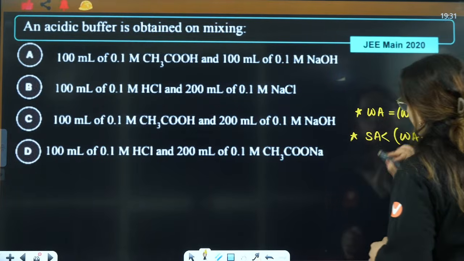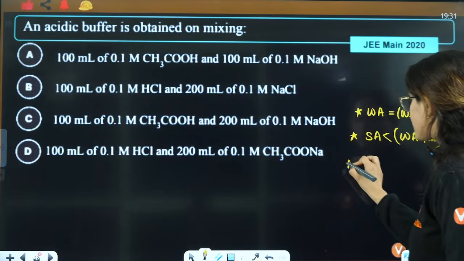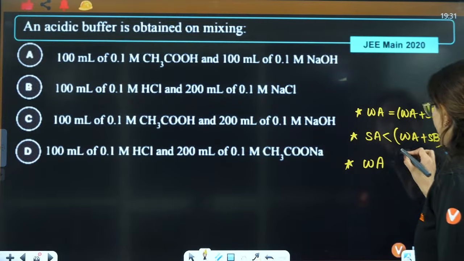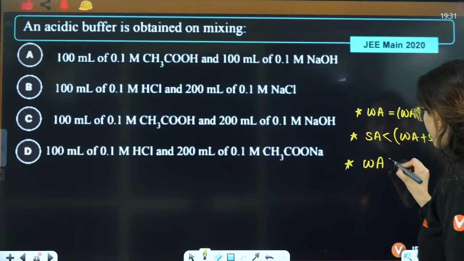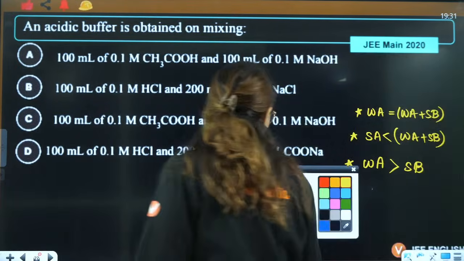But here the number of moles of this salt should be more, only then this is possible. In the third condition, you have only weak acid but you have a strong base as well, but here the number of moles of weak acid should be more. These are the three conditions that you have.